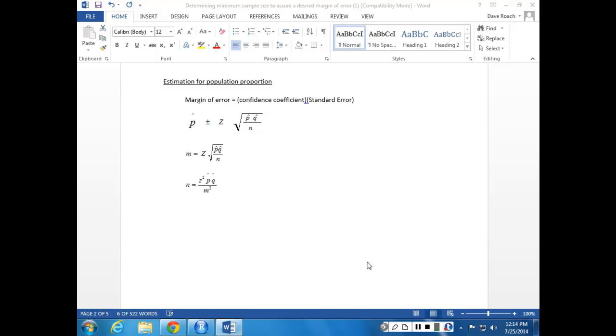So if the problem says we want to estimate sample size and we have a population proportion, then when we estimate the population proportion, it's going to be the statistic p hat plus or minus the margin of error, where the margin of error is z times the square root of p hat q hat over n.